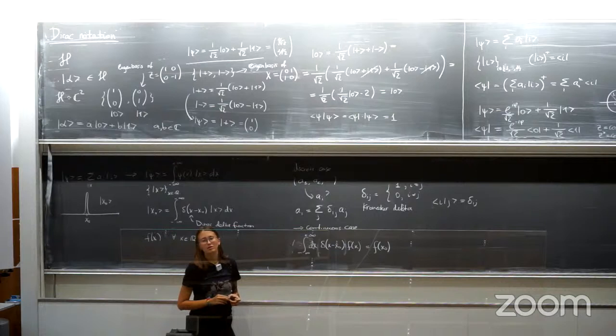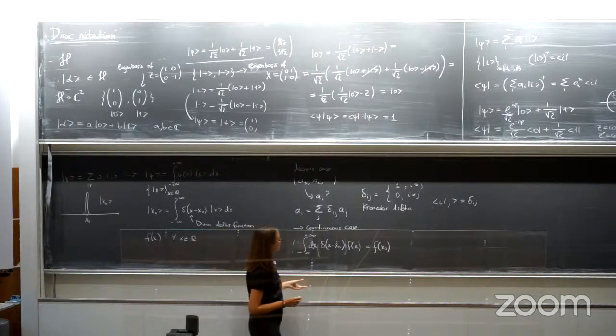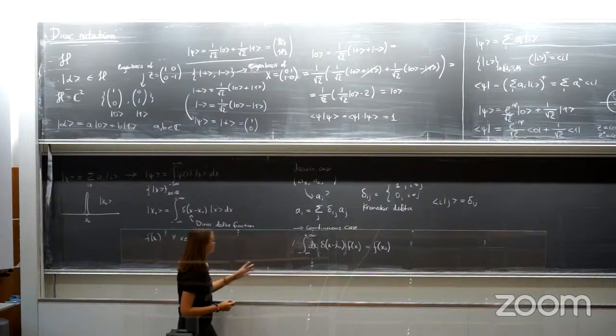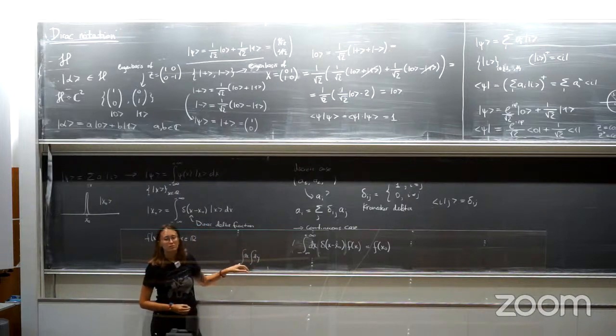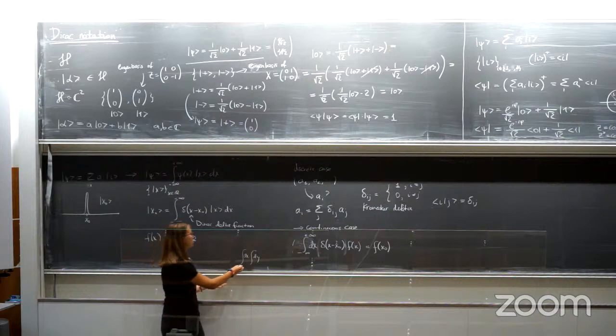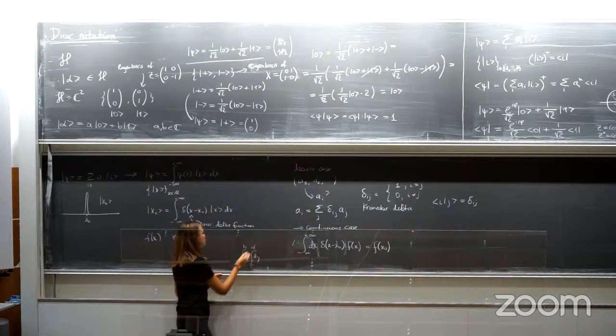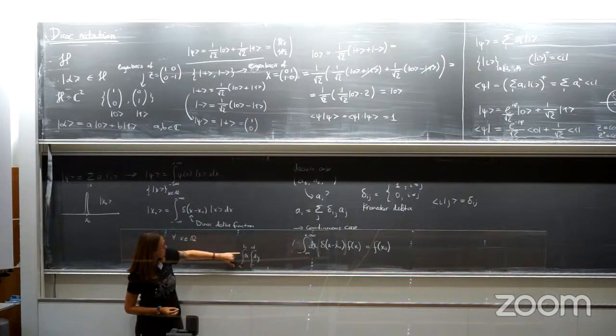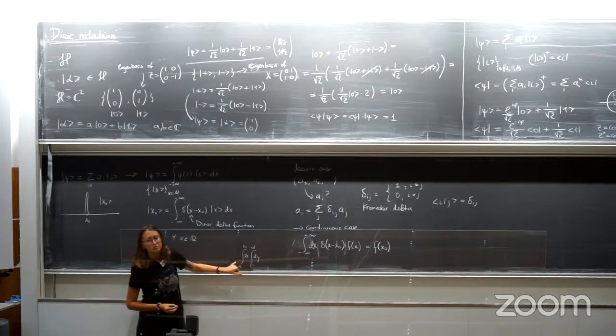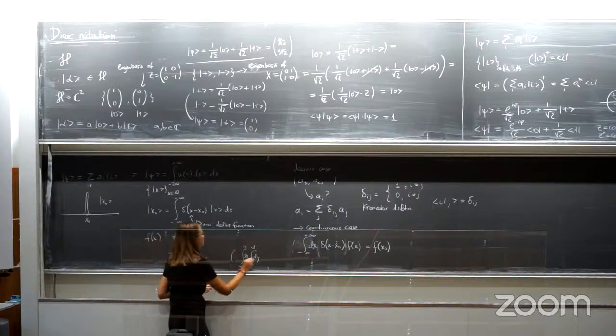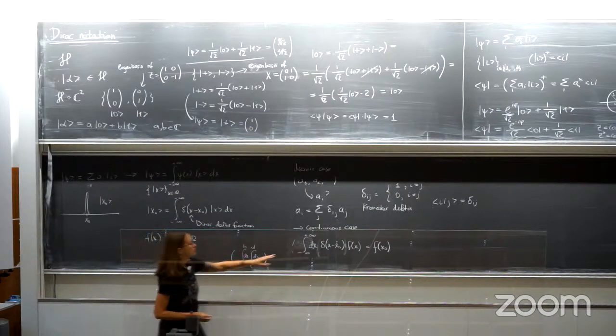This might be useful later if we want to integrate over more than one variable, since it makes clear which variable each integral is taken over. For example, if you take an integral over x from a to b and an integral over y from c to d, it's good to indicate where the integral over x is and where the integral over y is. But you can also write it at the end if it's clear what you're taking it over.